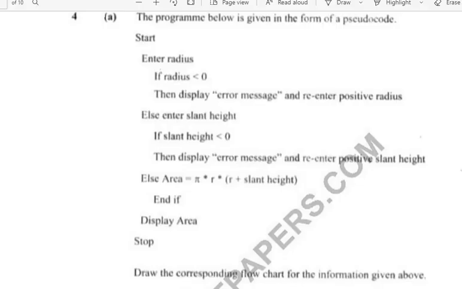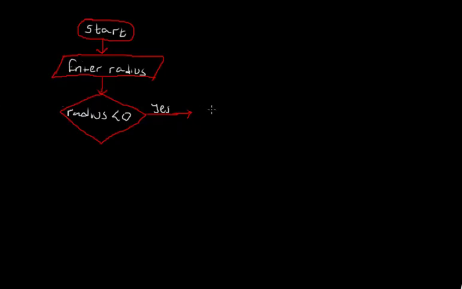We had display error message and re-enter positive radius. So we're going to have error message, enter positive radius.